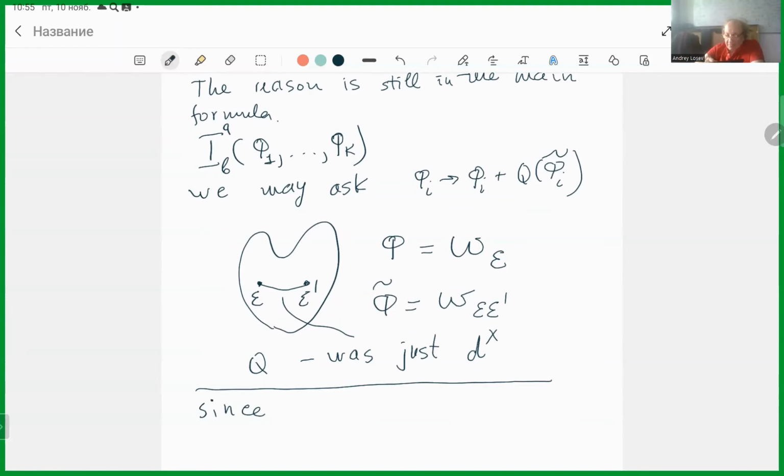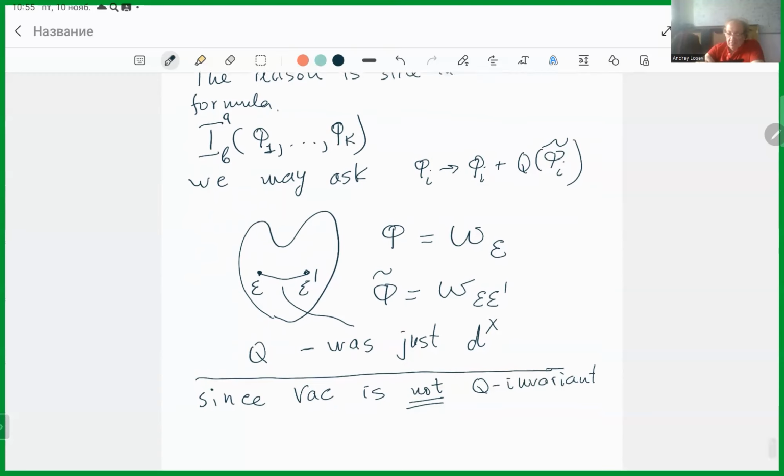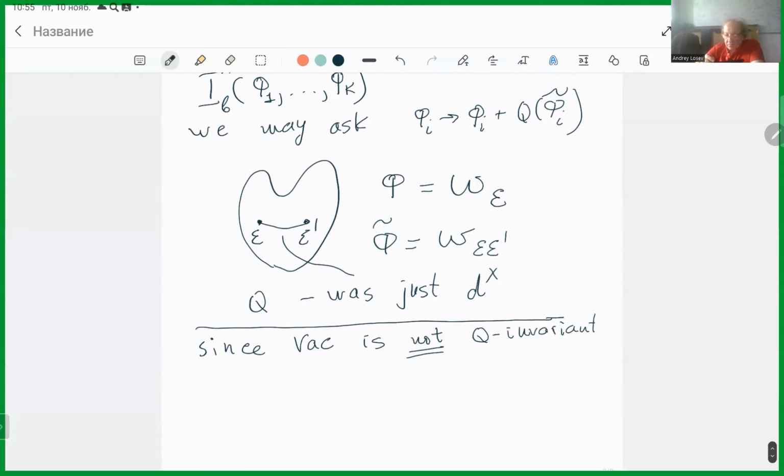Since VEC is not Q invariant, we have the following.